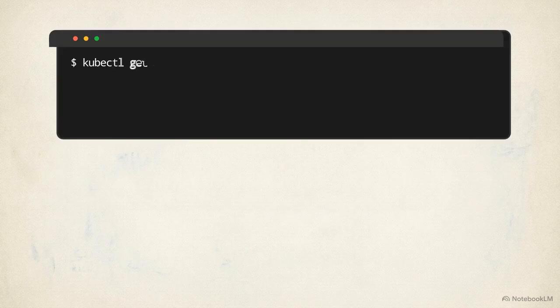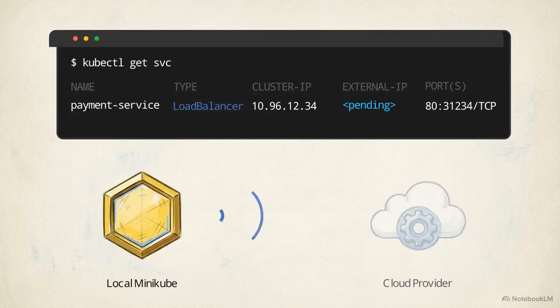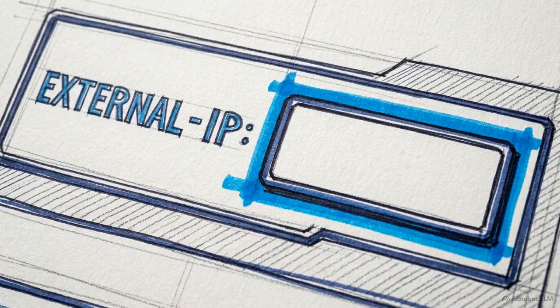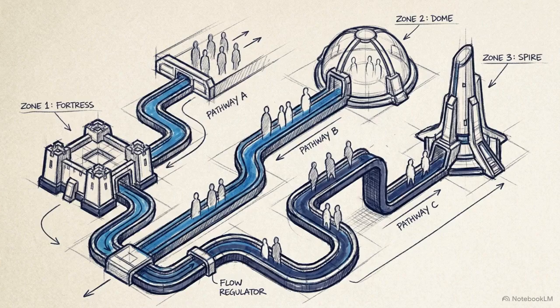If you apply LoadBalancer mode while using local tools like Minikube, the service will look for a cloud provider that isn't there, leaving the deployment permanently stuck in a pending state. To avoid this hanging state during local testing, strictly limit your configurations to NodePort or ClusterIP. Selecting the appropriate service mode establishes precise boundaries for your application, ensuring traffic only originates from your intended sources.